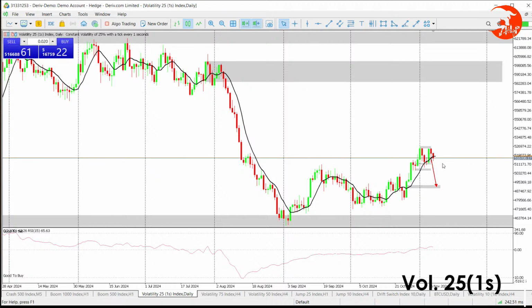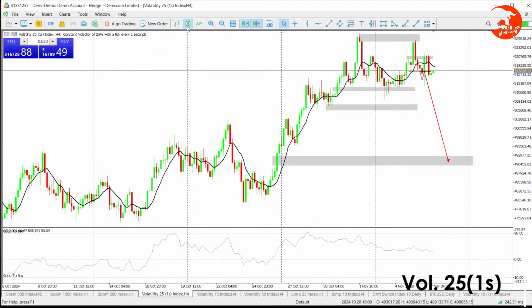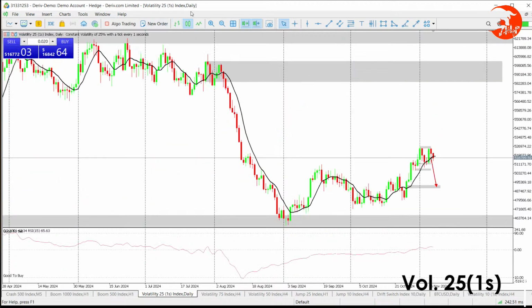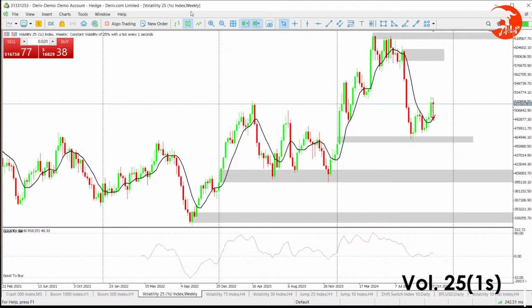So knowing that, daily we are looking for buys, weekly we are looking for a retracement back. Let's understand that. According to weekly, this is a high that gave me this low, so I'll be looking for sales according to weekly if price comes around this fair value gap.